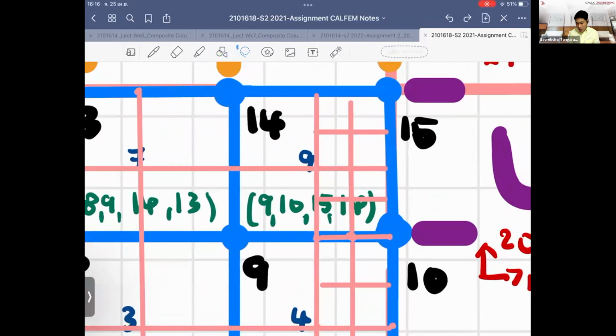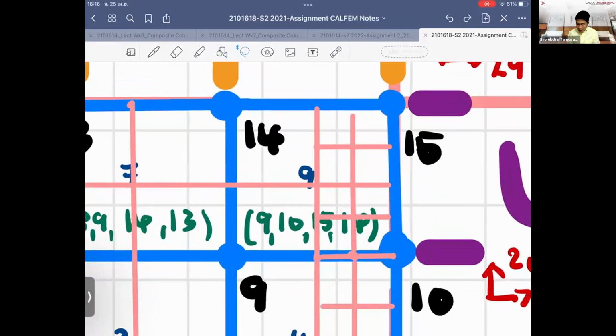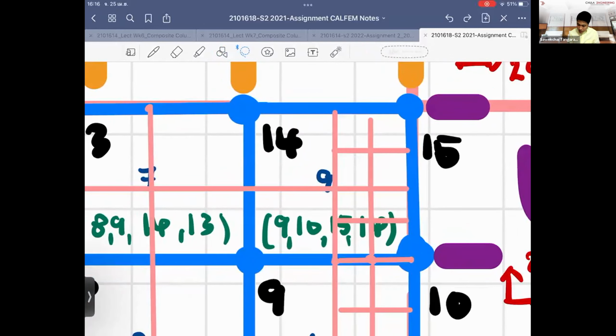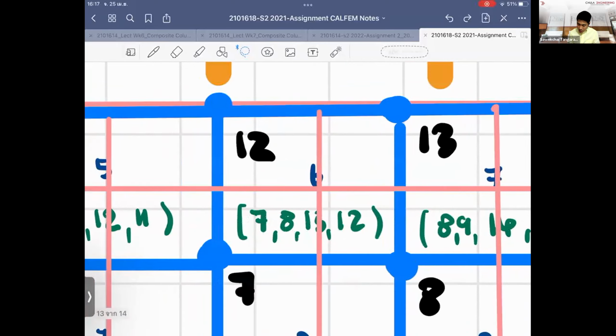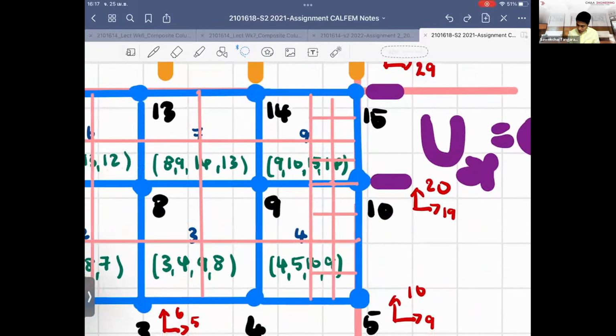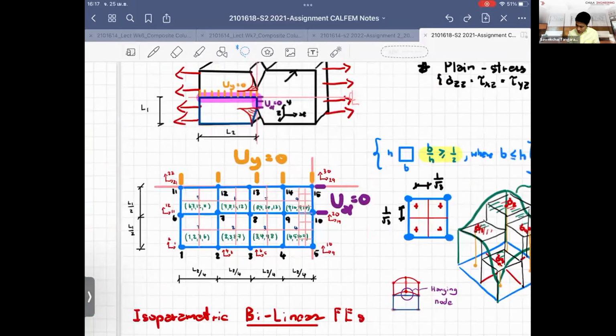The spatial geometry of the element that I suggest you use is, in this case, also another transformation of the element. So let me remove this.